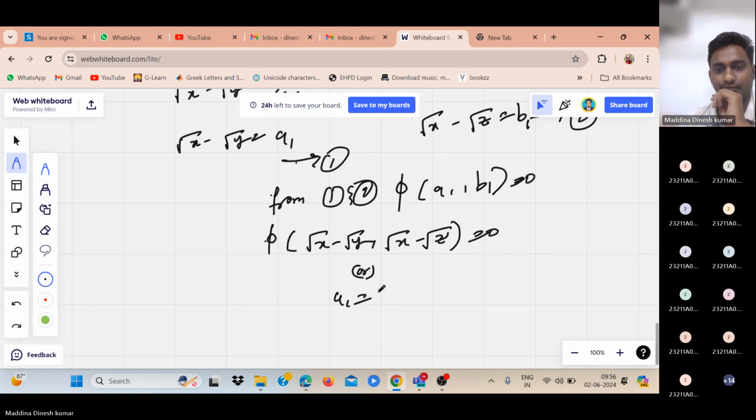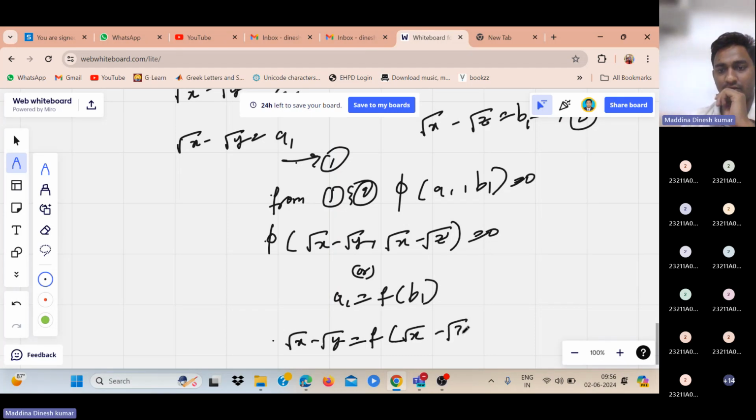So square root of x minus square root of y equal to f of square root of x minus square root of z, okay? That's it. This problem is also over.